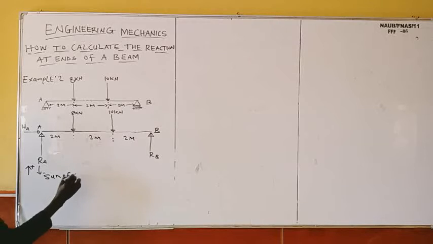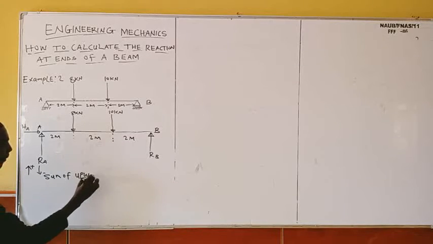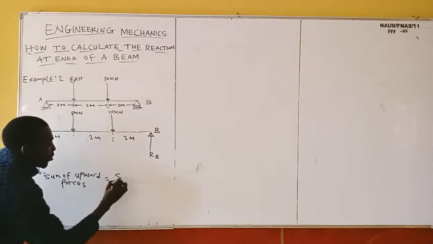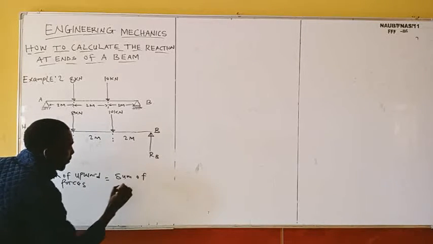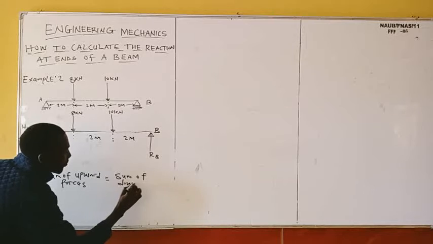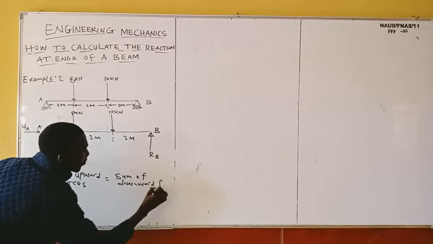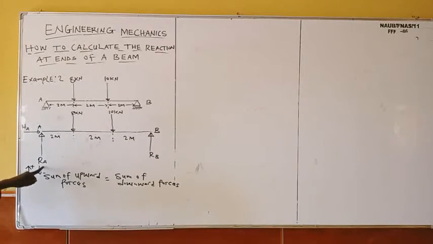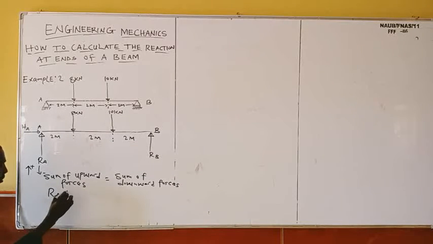So the first step is sum of upward forces equals to sum of downward forces. So now we are having arrow A and arrow B as our what? Upward force. So it means arrow A plus what?